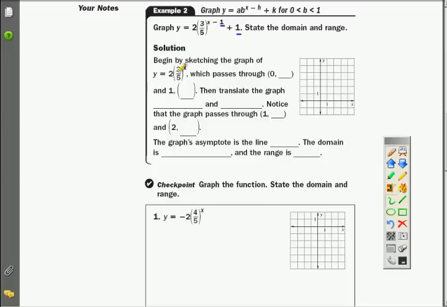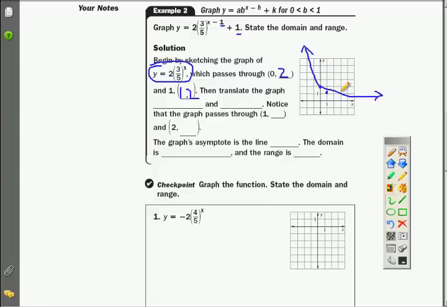So I'm going to graph the original, kind of the root function there. And I have the point 0, 2, and I have the point 1, 1.2. Okay, so 0, 2 is right here, and 1, 1.2 is right here, and then I drop that down, and there it goes.